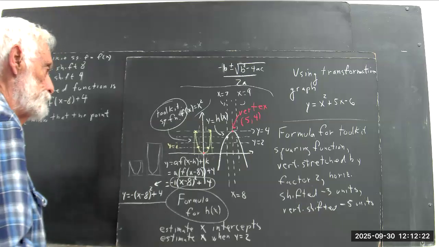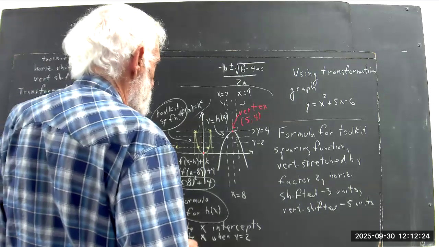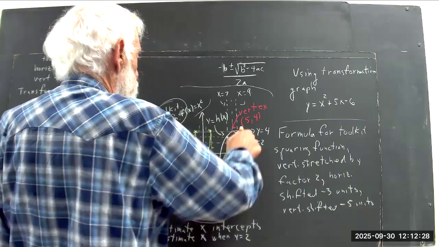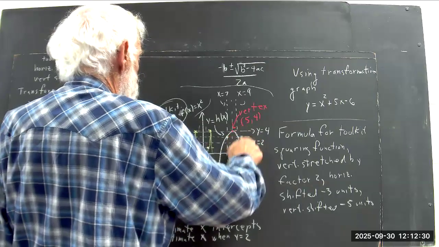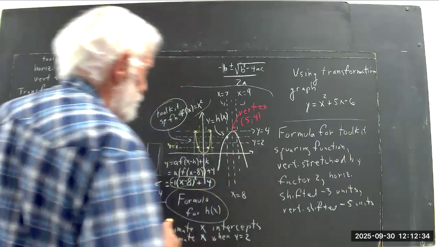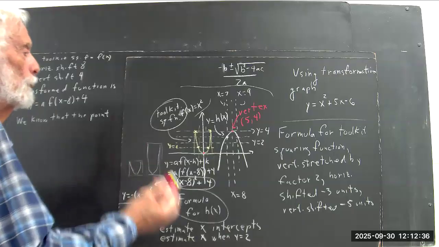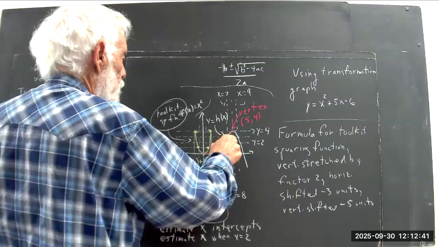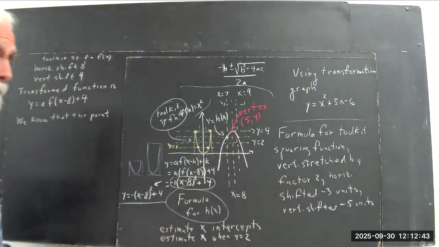Let's say we know a point on the graph of this function, and we do. We know this point and this point.